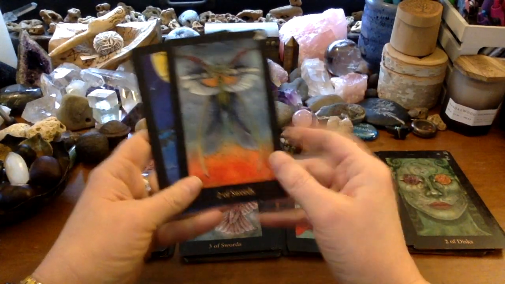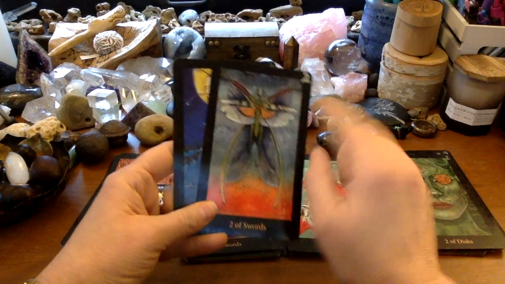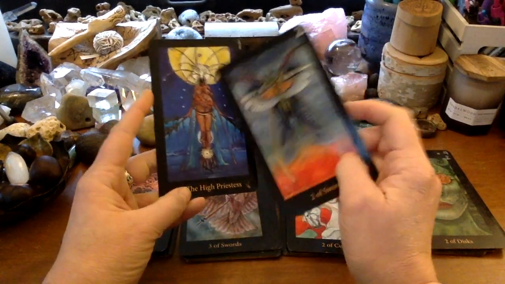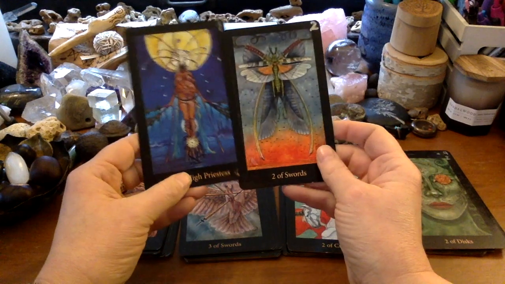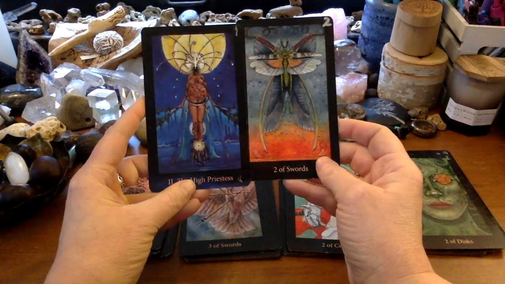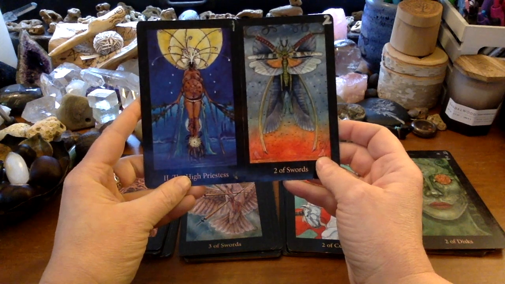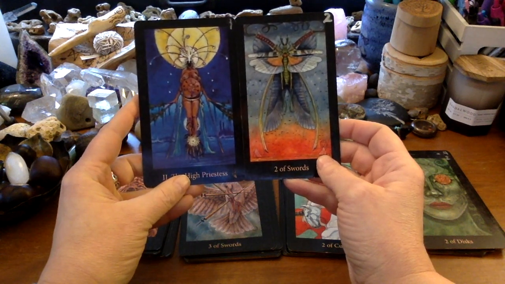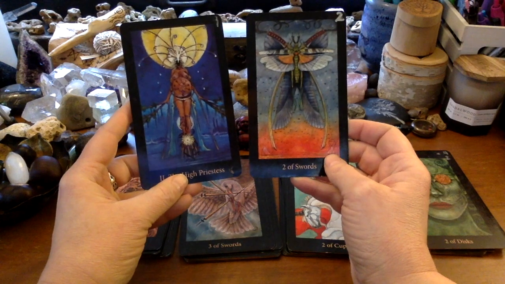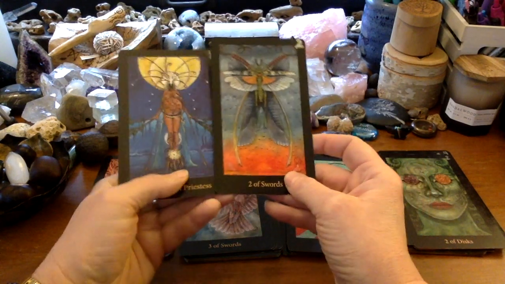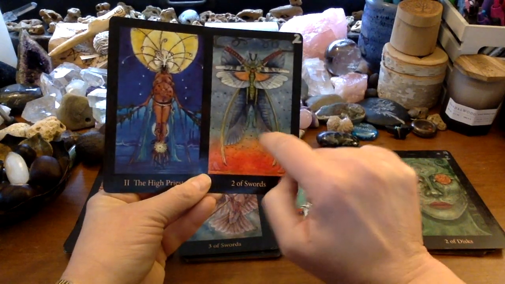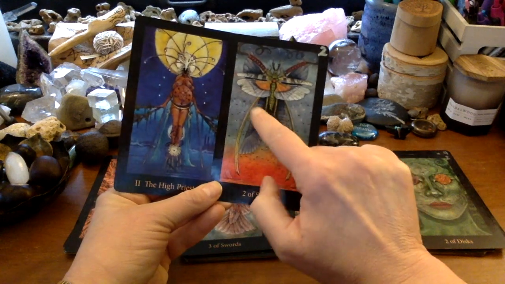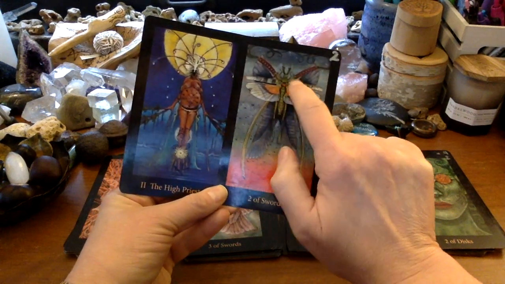Now, with the swords, you know, and the mind, we have this nighttime, all of these, well, these two anyway, are very nighttime. And what I see in this card in particular, again, we've got these portals, right? We're going through portals. There's the back legs and so forth.